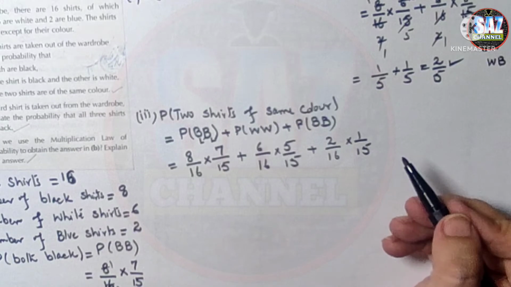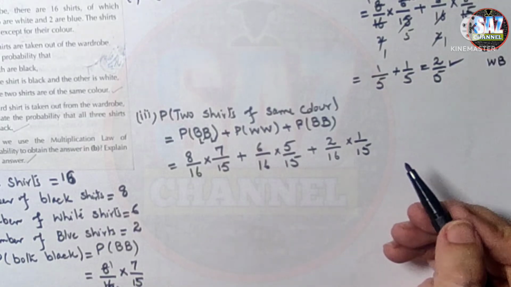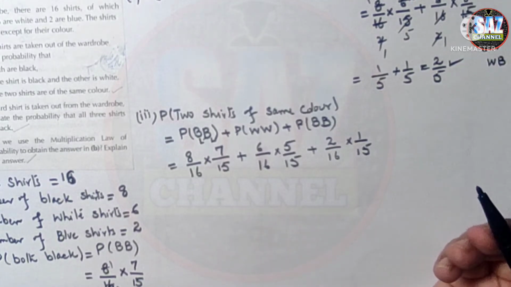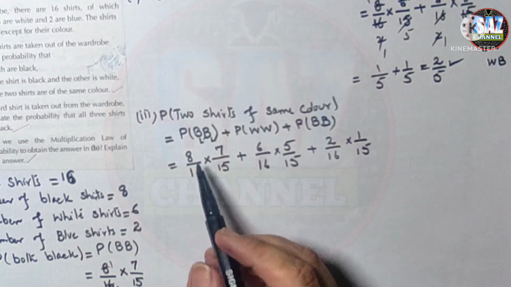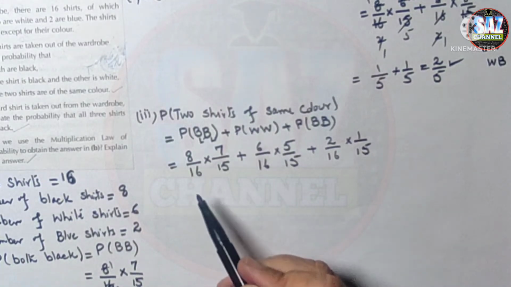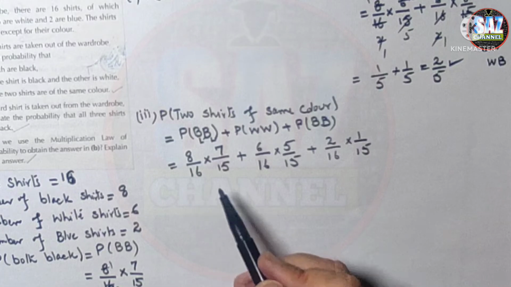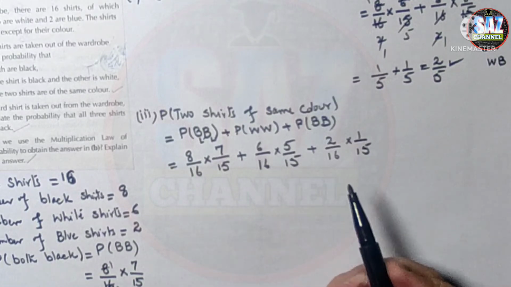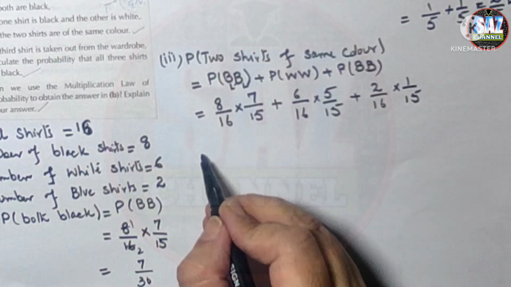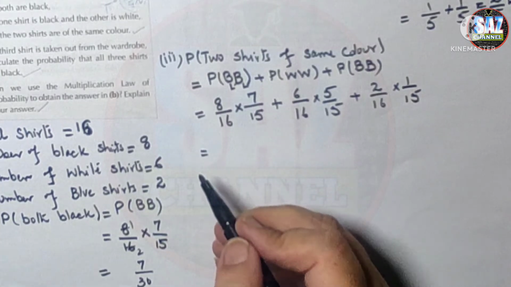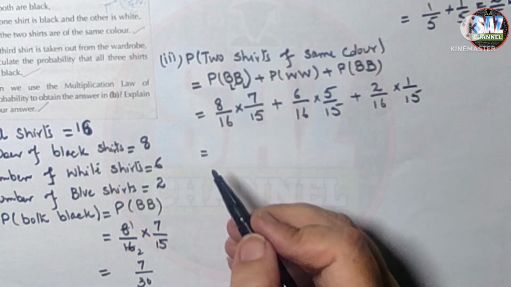I hope you are clear about this, and it's time to go for the simplification. When I reduce these fractions to simplified form, I will not get the same denominator. So in the beginning I will prefer to keep the denominators as they are.